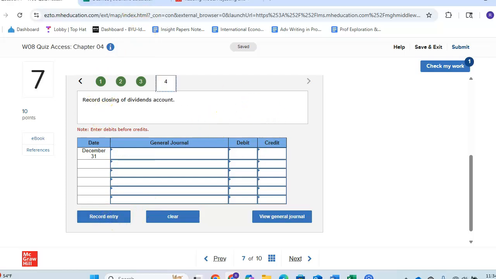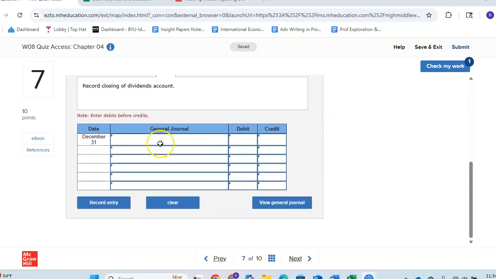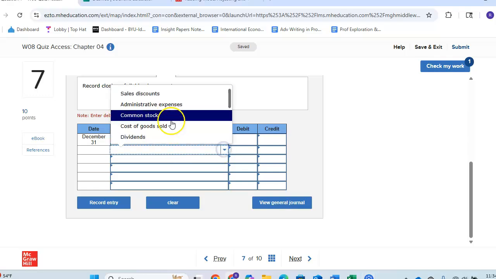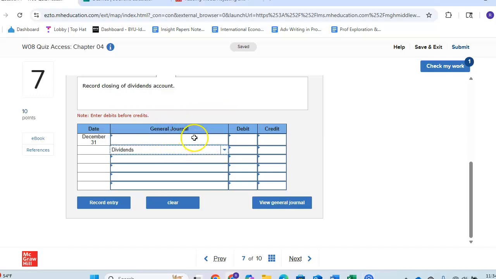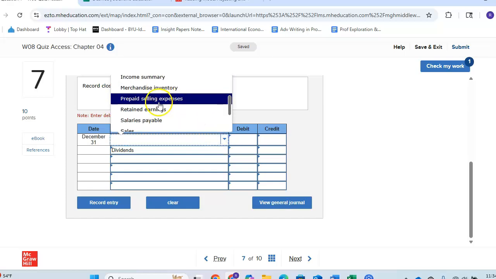Now, it's asking us to record the closing of the dividends account, and we know the amount from this account up here, which is $36,000. And since it's a debit account, we're going to credit it to close it. And to close the dividends account, we debit the retained earnings account.